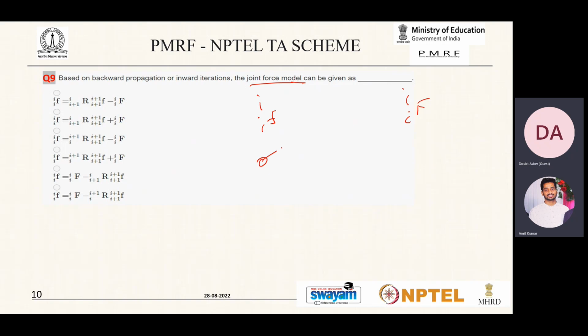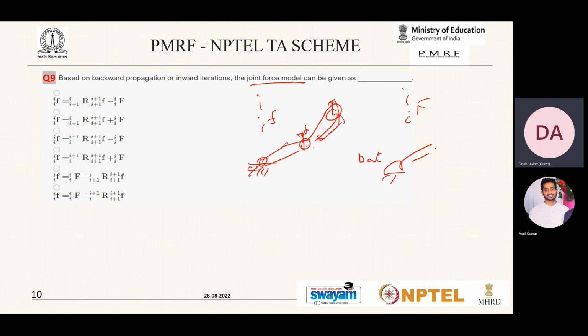Suppose there is some link. If a force is given here and there is a force here, how can you see the load which is transported from here to here? That is known as backward propagation. Suppose you have a manipulator like this with an end effector here, and you were cleaning or painting a car using the arm manipulator.